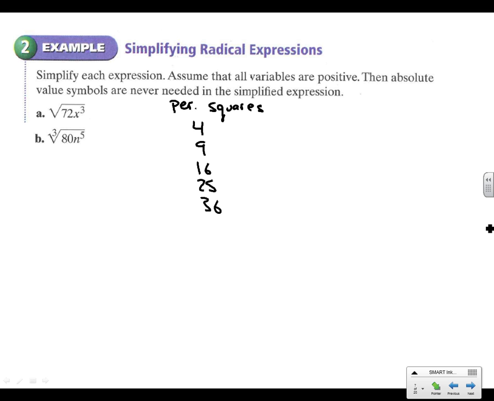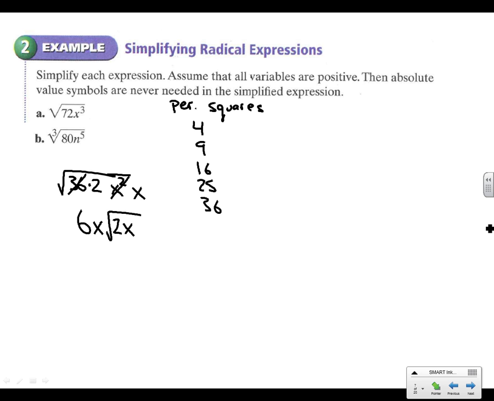I'm going to stop at 36 because I see that 72 is 36 times 2, and x cubed is x squared times x. I'm going to pull the biggest multiple of 2 out, times x. All right? So the square root of 36 is 6. That comes out. The square root of x squared comes out to just be x. And we're left with 2x underneath the square root.